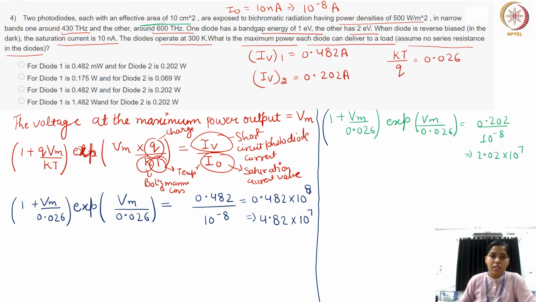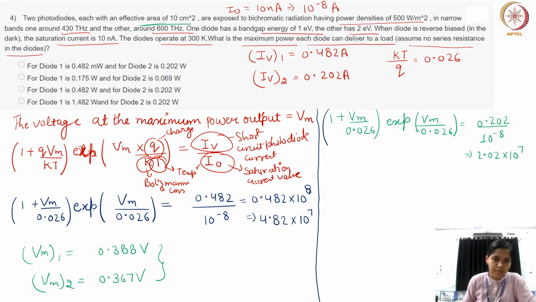So when you solve the expression for photodiode 1 and photodiode 2 for the maximum power output, Vm1 will be 0.388 volt and Vm2 will be 0.367 volt. Okay, you can solve this equation number 1 and equation number 2.